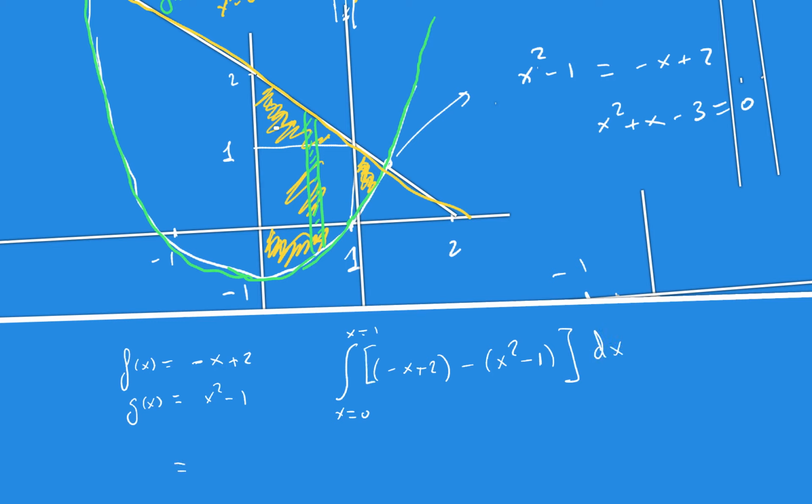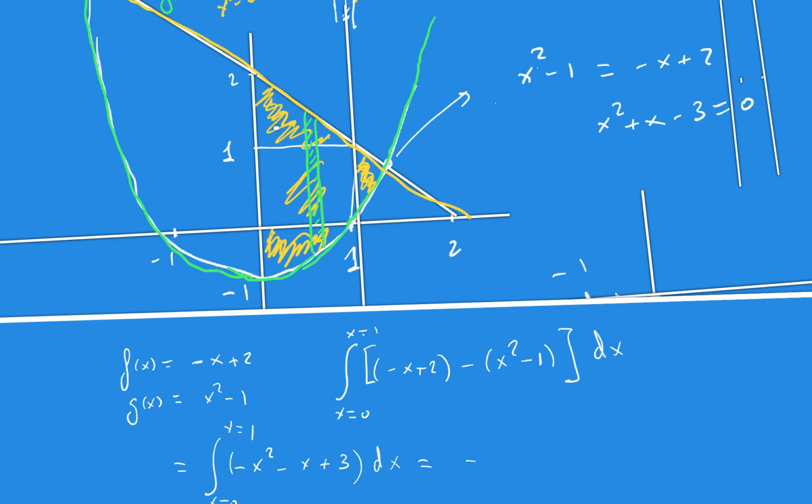So this is the integral from x equals 0 to x equals 1 of minus x squared minus x plus 3 dx.